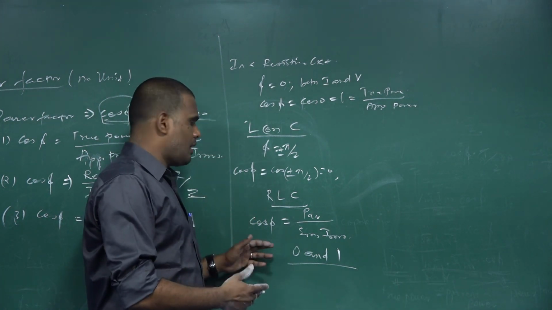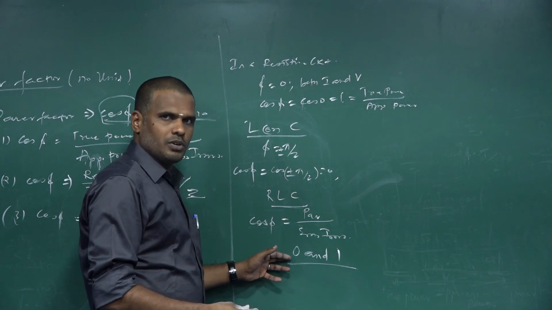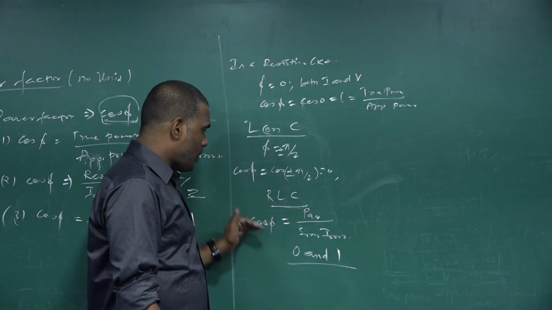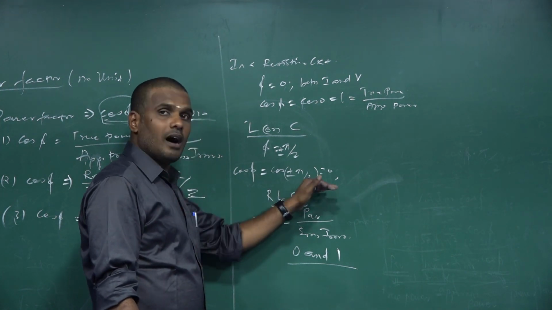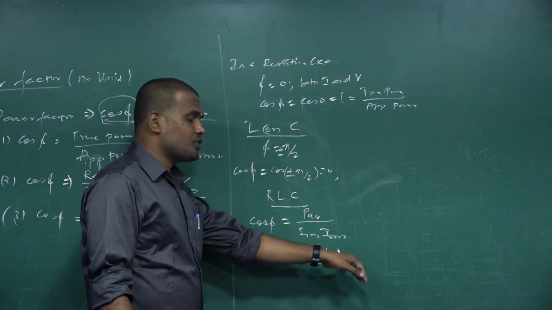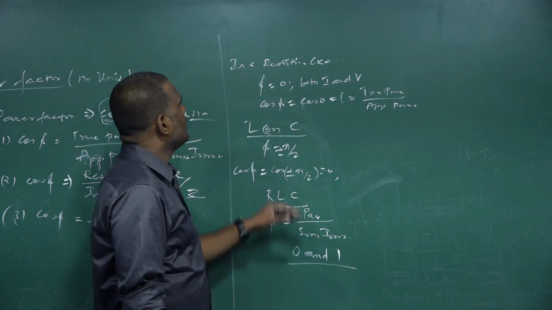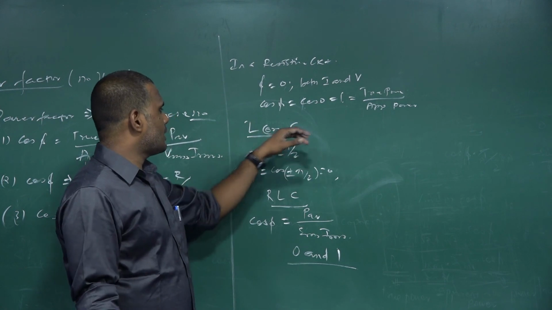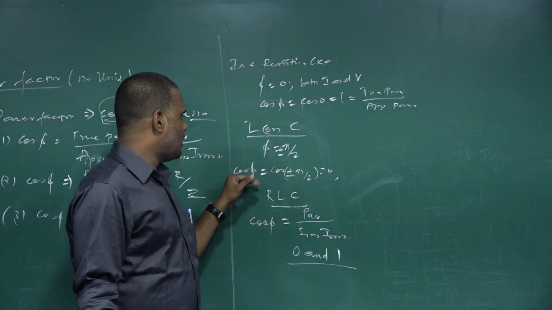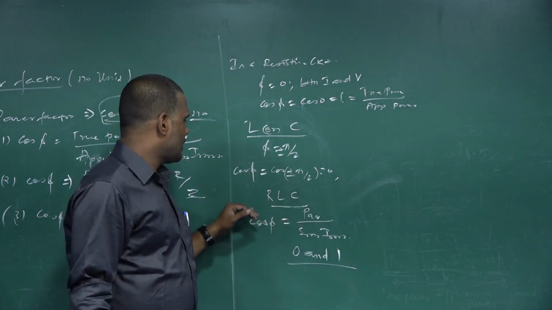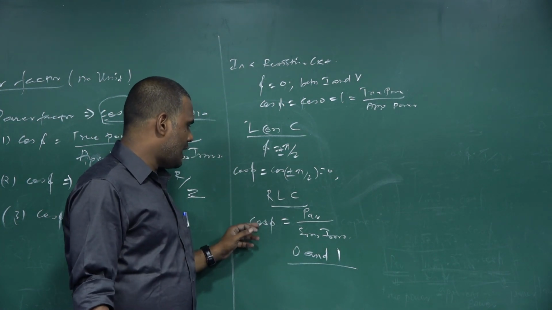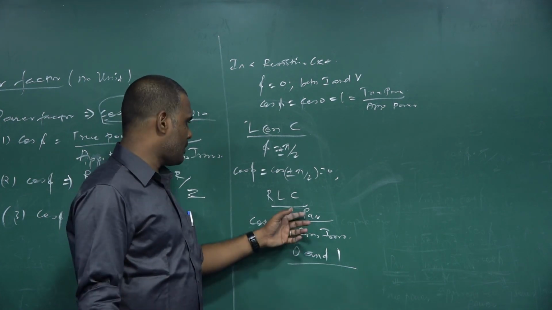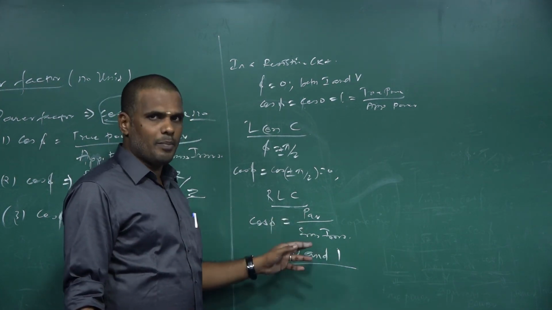And the minimum value is 0. So the value of the power factor in a series RLC circuit ranges between 0 and 1. In a pure resistive circuit, the value of power factor is 1. In an inductor or capacitor circuit, the value of power factor is 0. And in an RLC series circuit, the value of power factor ranges between 0 and 1, depending upon the values of average power and apparent power.